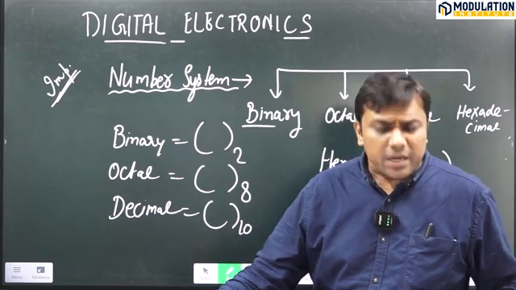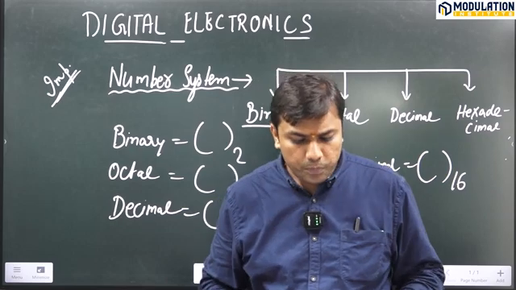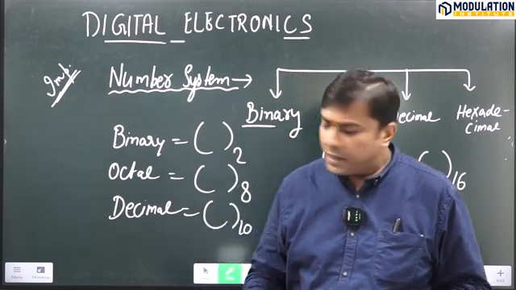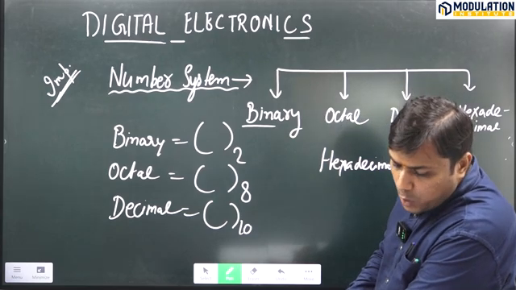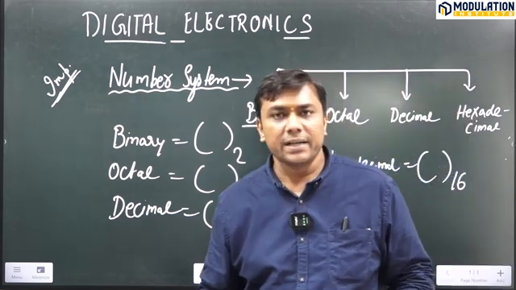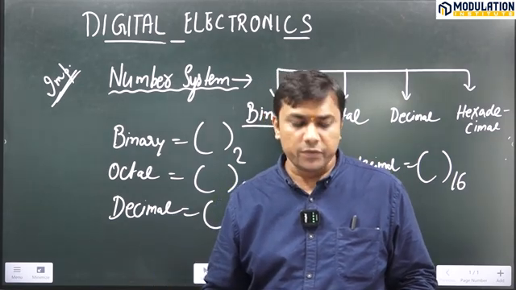Today I will show you one of the conversions, how we convert decimal to binary, decimal to octal and decimal to hexadecimal. In my next lecture we will discuss all of the other conversions.